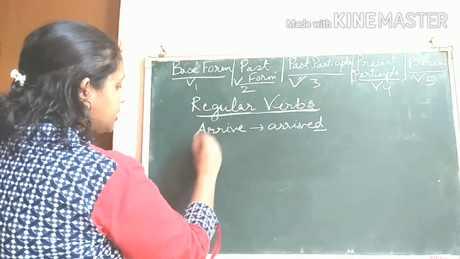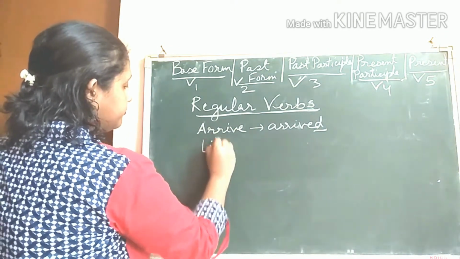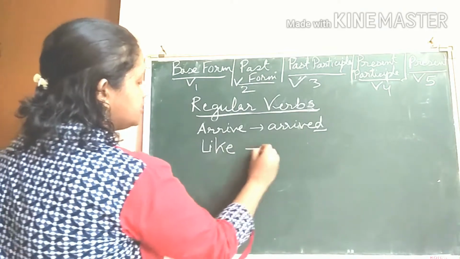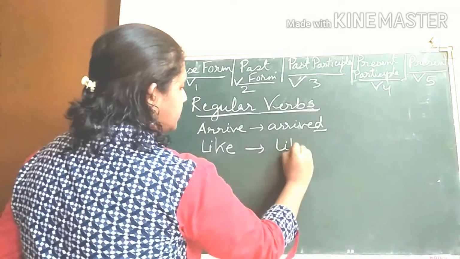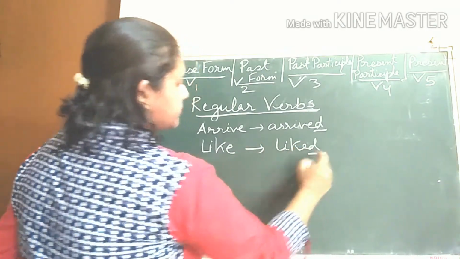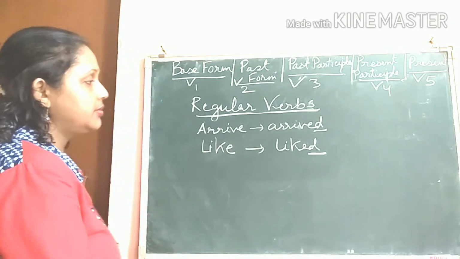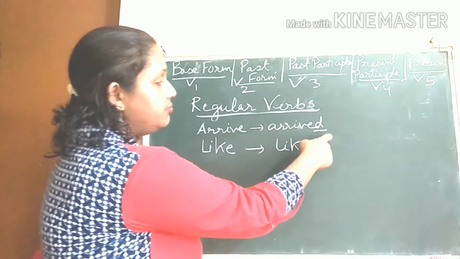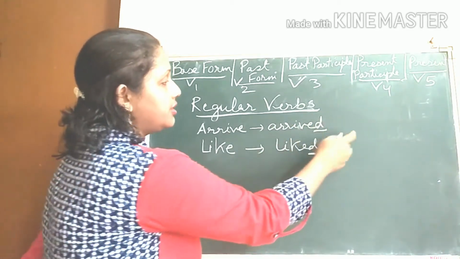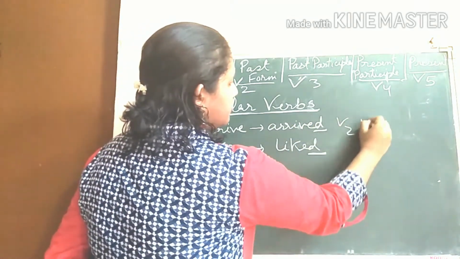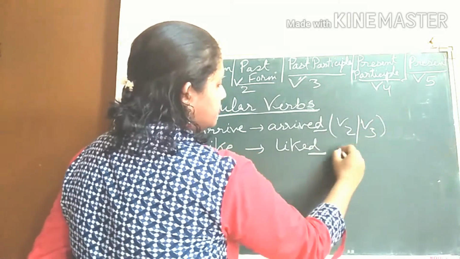Some more examples are here. Like that, V2 and V3 both are the same. Arrive, arrived, arrived.